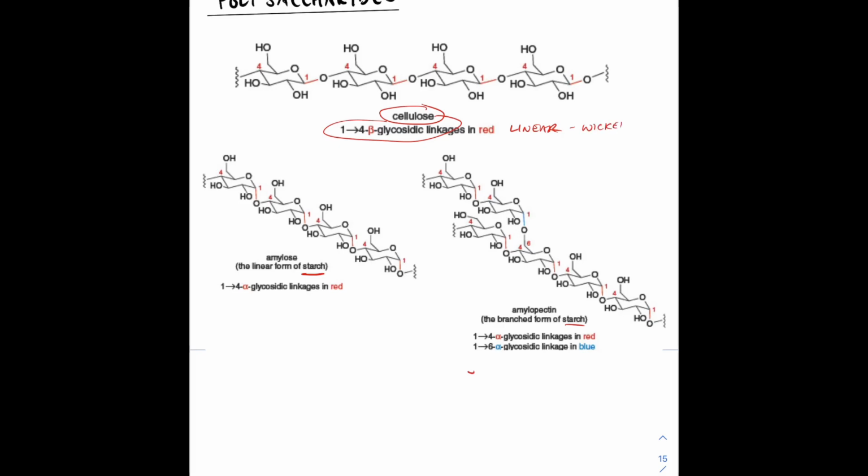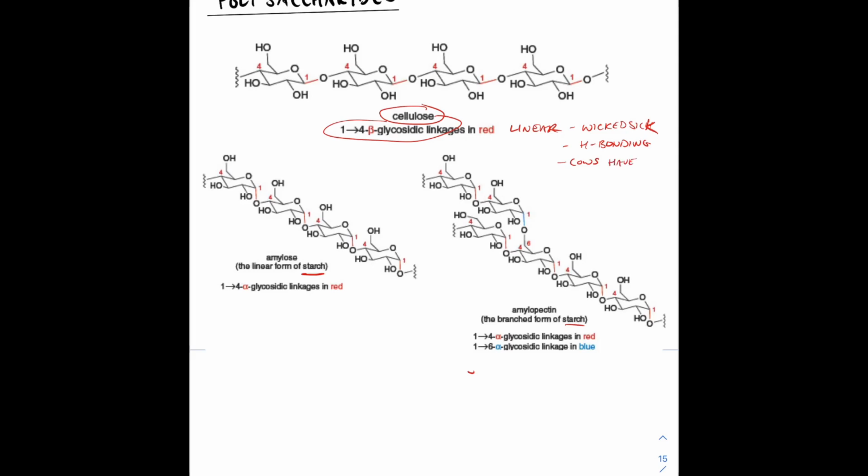I don't. So, polysaccharides. Those are basically poly, meaning many, sugars. And so there are a few different forms, and one of them that we are very familiar with is cellulose. The other two are amylose and amylopectin. Those are starches.